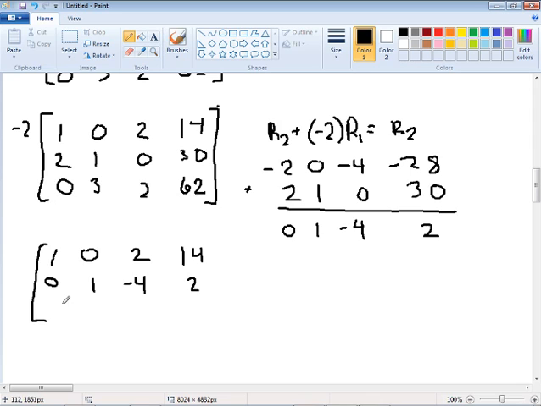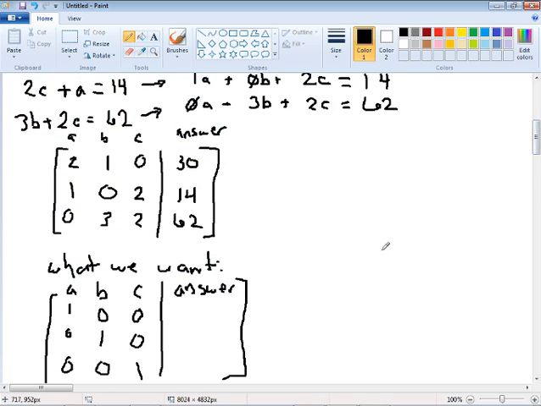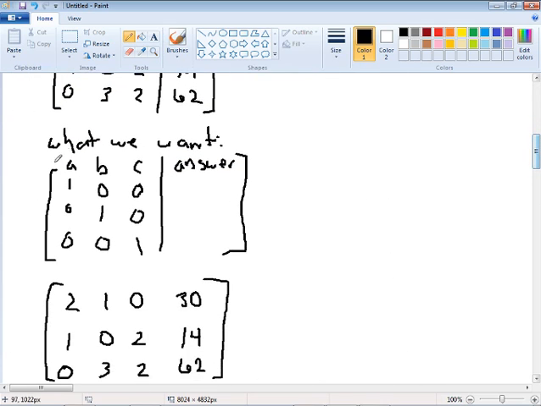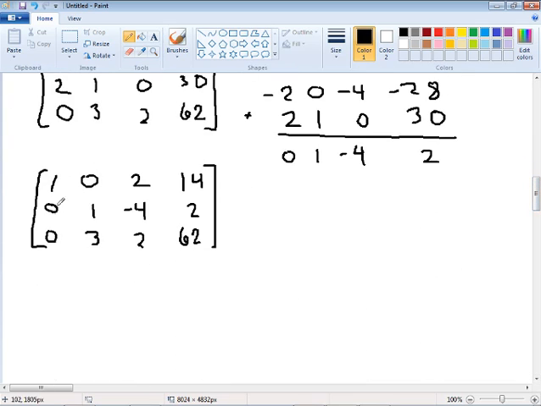Then I'm going to keep the same third row, 0, 3, 2, 62. Okay. Now, if you'll notice, I've already got this first column done. I have 1, 0, 0, which, if we go back to the top, is exactly what I'm looking for. 1, 0, 0. So this row is done.